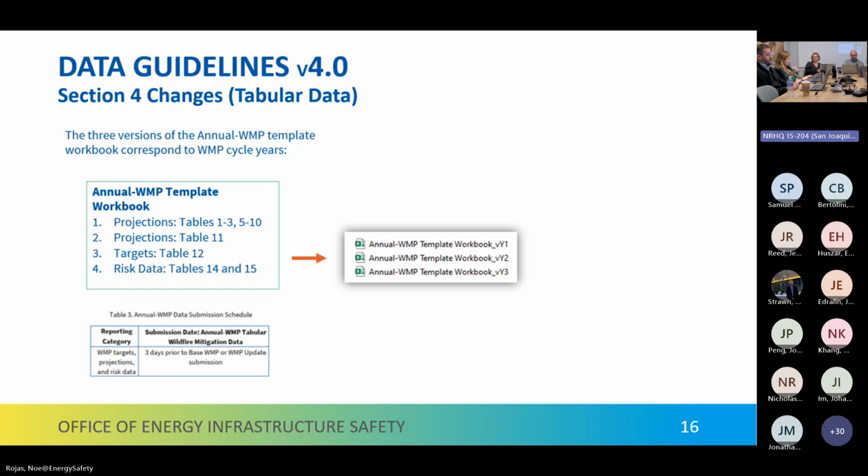So we don't want to be collecting past projections in the new submission, like kind of relitigating year 1 when it's year 2. I see a hand, and please keep your hand up and we will do questions at the end. Try not to forget, or you can put your question in the chat. Go ahead, Noe.